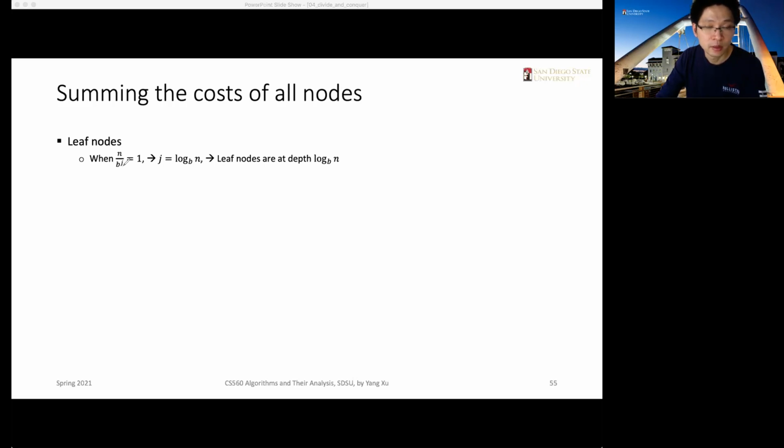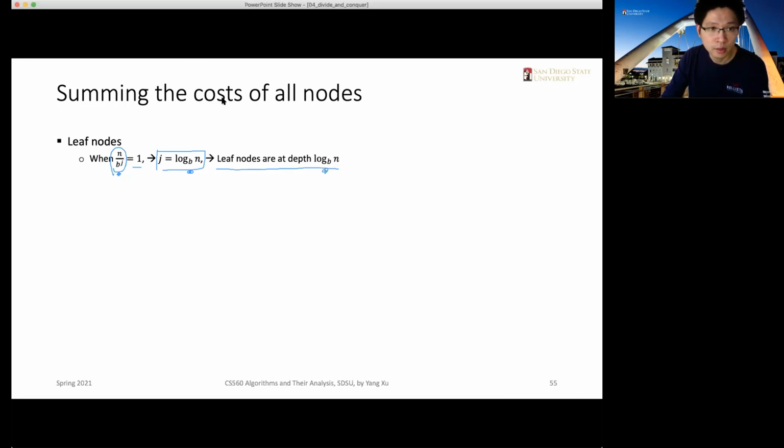First of all, let's consider the number of levels in the whole tree. When the value of the node hits 1, which means when j is logarithm base b of n, we are hitting the bottom level. So the leaf nodes are at depth logarithm base b of n.